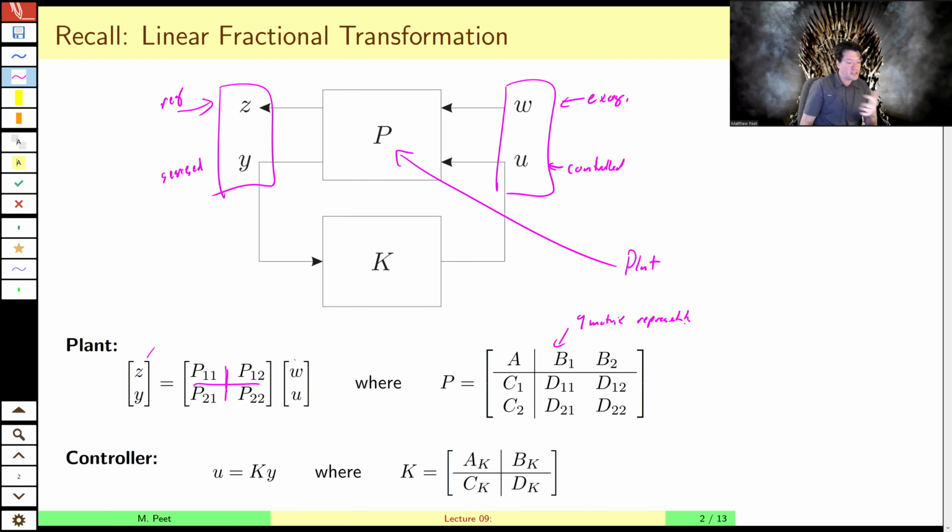So that's what we're starting with. And then our variable is the controller. That's what we're looking for. The controller itself can be parameterized as a system or a transfer function, or it can be parameterized as a 4 matrix state space system.